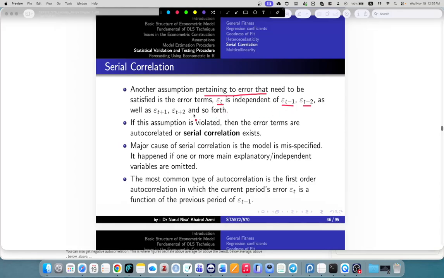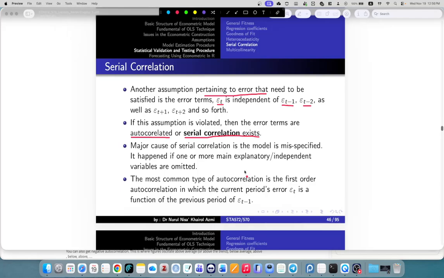If these error terms correlate with each other, meaning they have a relationship with each other, then serial correlation exists. Since econometric models are across time, the serial correlation problem is also known as autocorrelation.